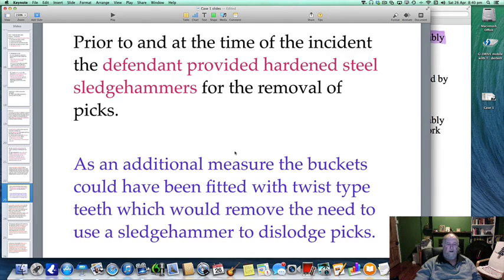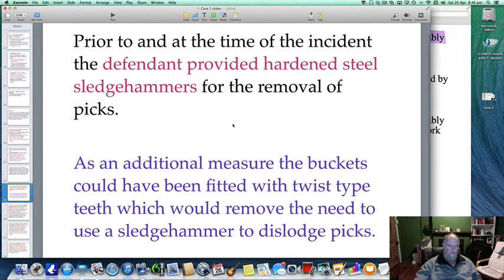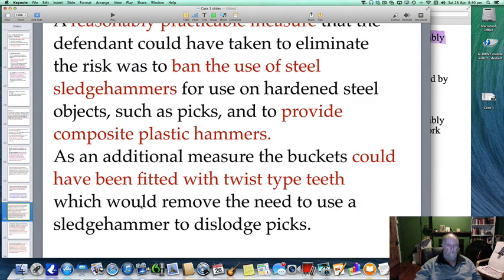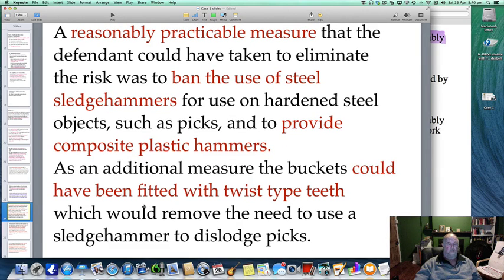Prior to and at the time of the incident, the defendant provided hardened steel sledgehammers for the removal of the PICs. As an additional measure, the buckets could have been fitted with twist-type teeth, which would remove the need to use a sledgehammer to dislodge the PICs. A reasonable practical measure that the defendant could have taken to eliminate the risk was to ban the use of steel sledgehammers for use on hardened steel objects.